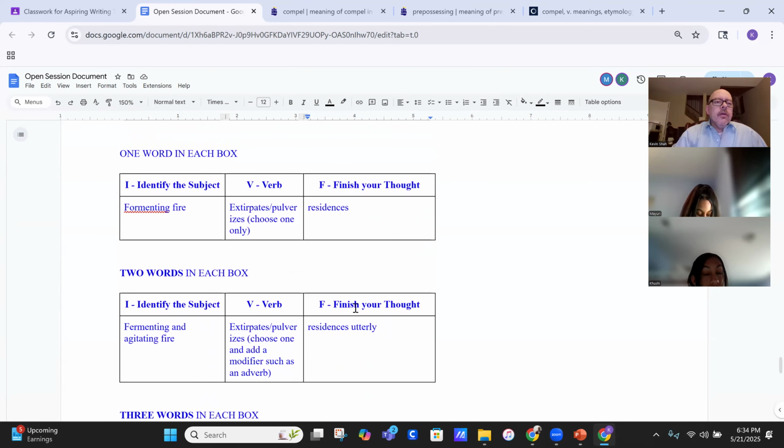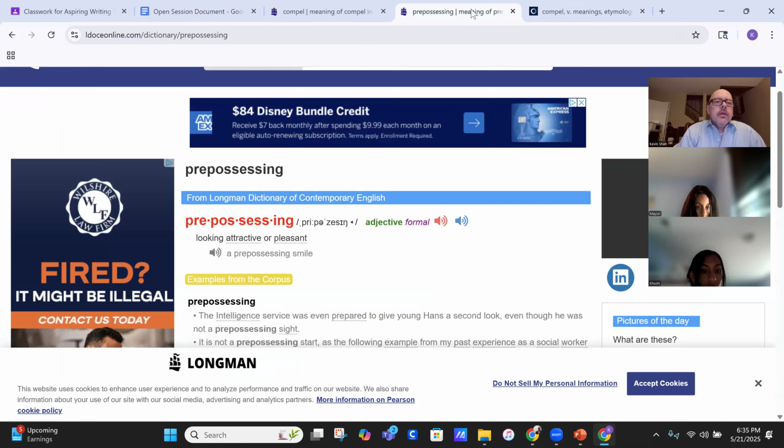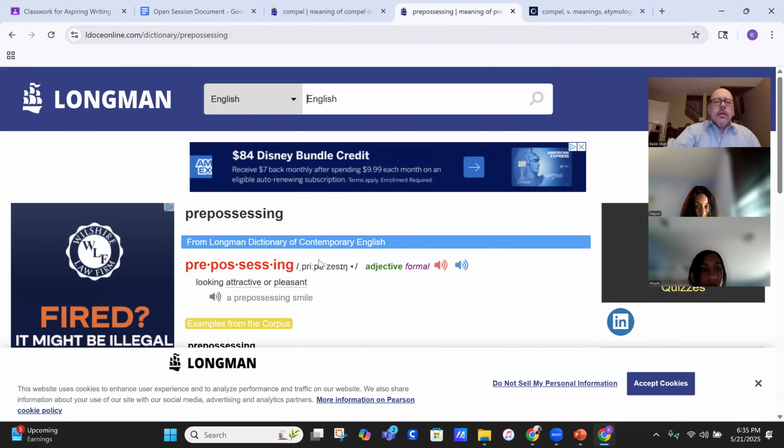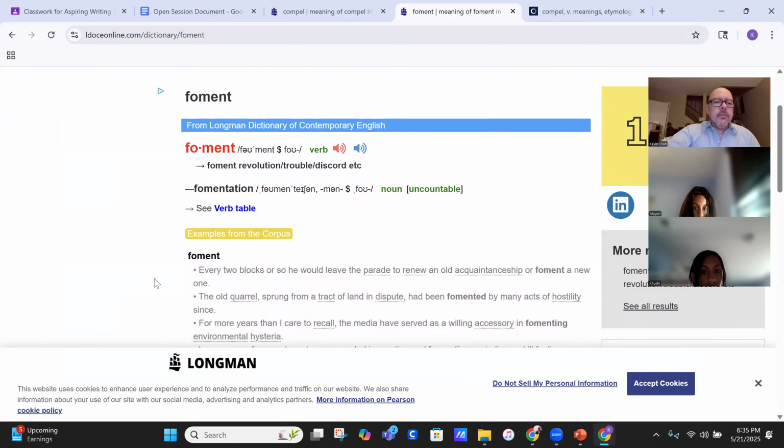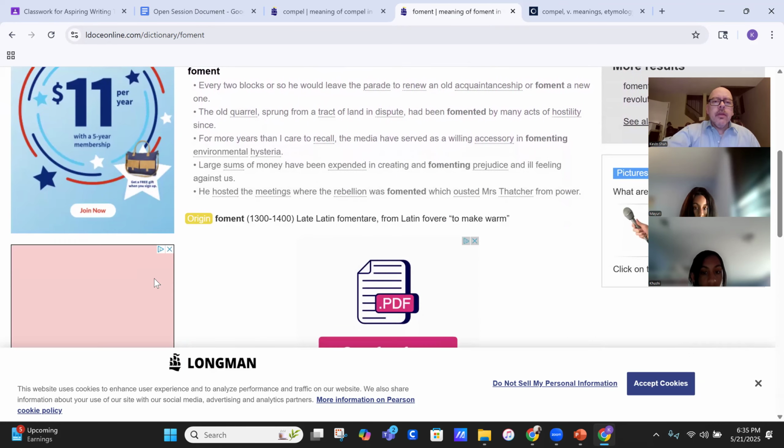This is amazing. Fomenting, or do you mean fomenting fire? Oh, fomenting. What was the word you said? Foment. Fomenting, that was the word. Fomented means, let me see.